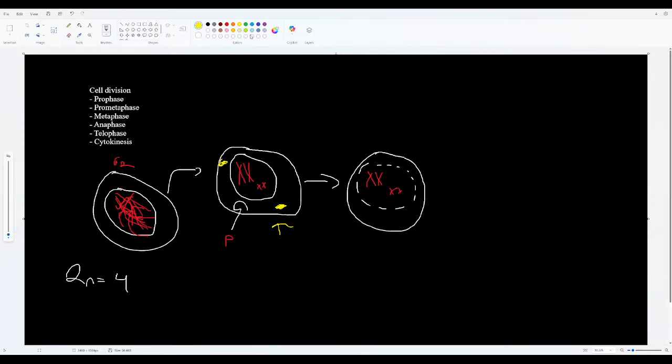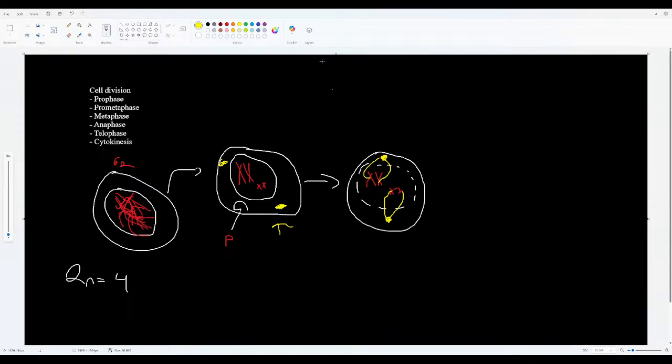But now we have our centrosomes, and our centrosomes are beginning to attach these spindles to each of the chromosomes. These spindles are going to facilitate all of the movement of the chromosomes. We want to make sure these chromosomes are all organized and all accounted for.